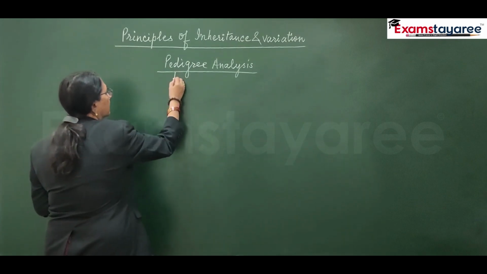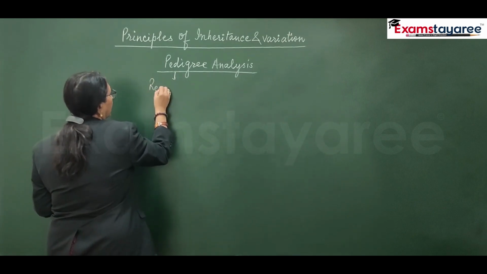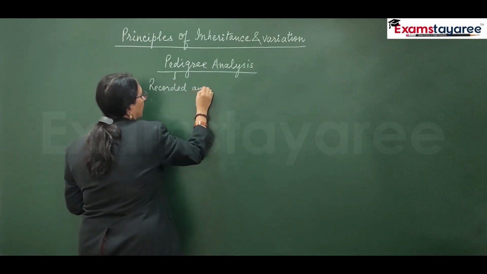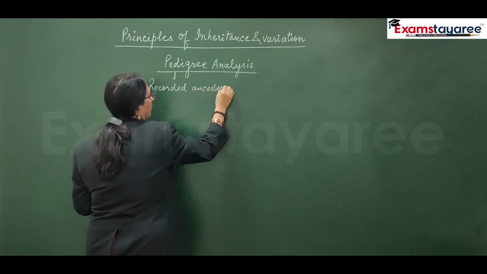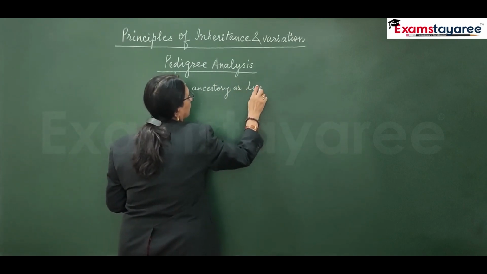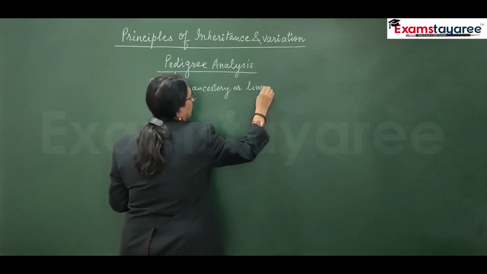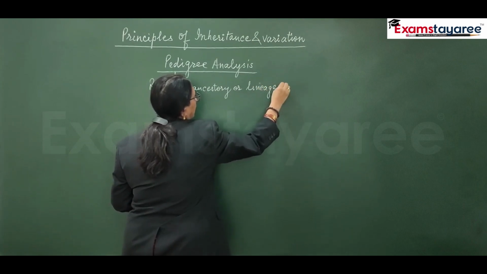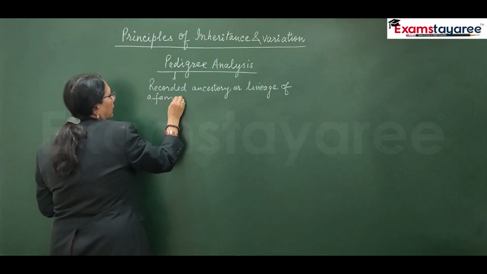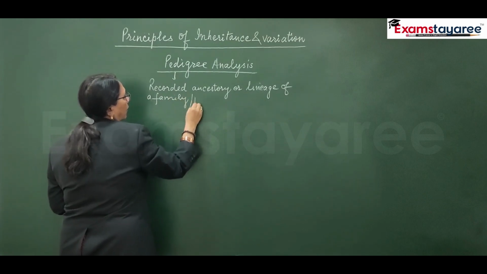So, pedigree means recorded ancestry or lineage of a family or a person.